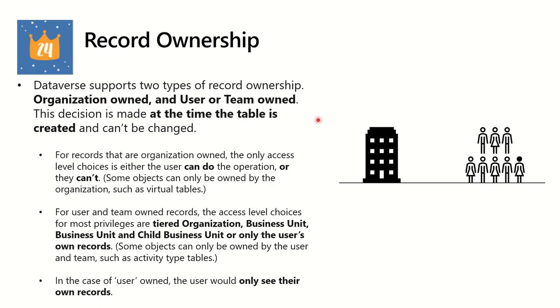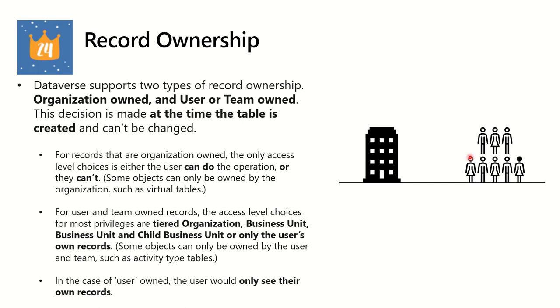And so you can use that org level to decide whether I want my records to be owned on an organizational level, or another option we have is to have it owned by user or team. And so whether that be a team or a specific user in the team. And this decision is made at the time you create your tables, and so it can't be changed. So you want to think about it when you're creating tables.